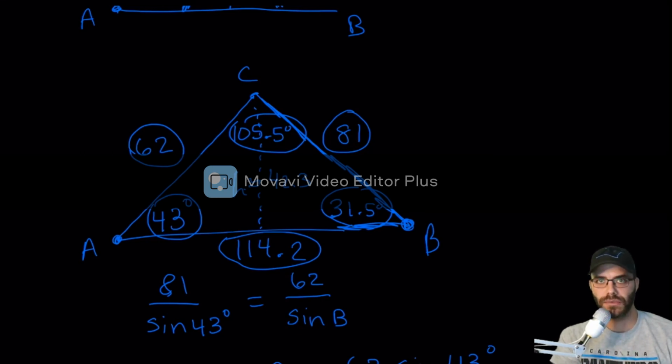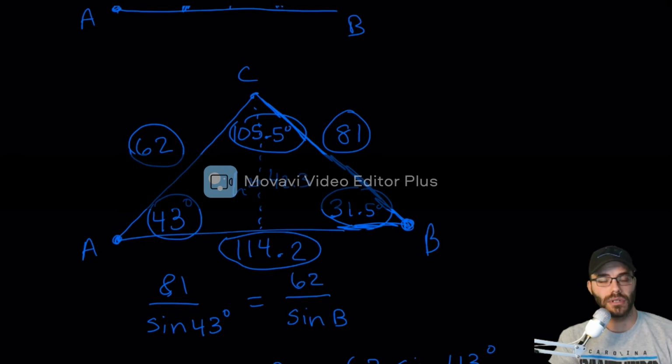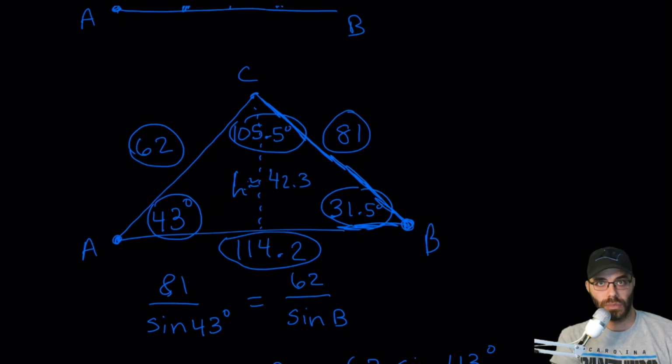They don't have to be perfectly drawn to scale, but sketch them in a way such that you can see that angle B would be in one triangle obtuse, in another triangle acute. So in the ambiguous case where you have two triangles, you will see that the angle B would be acute in one triangle and obtuse in the other.